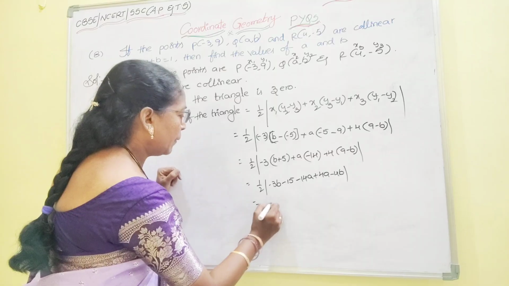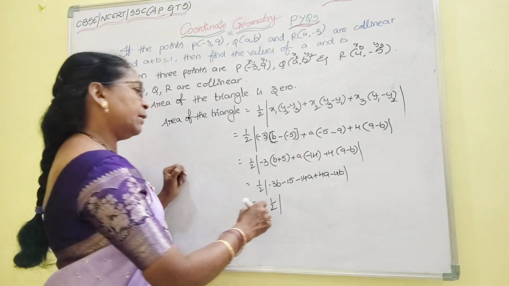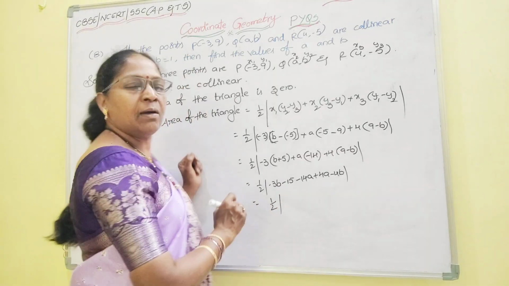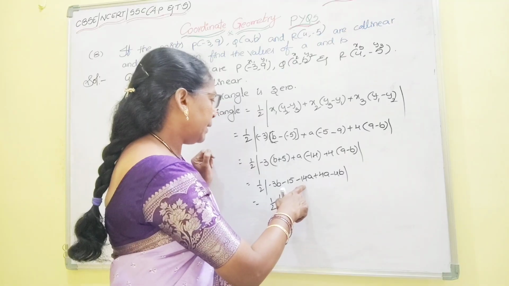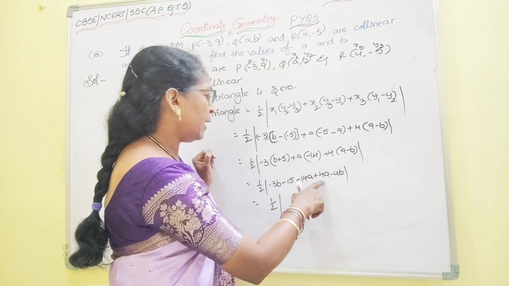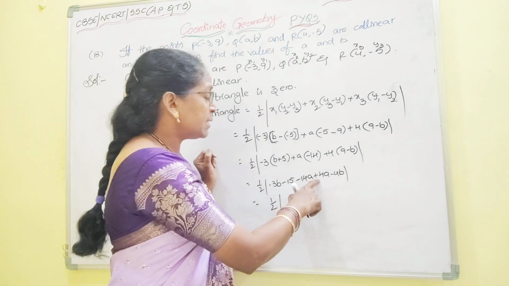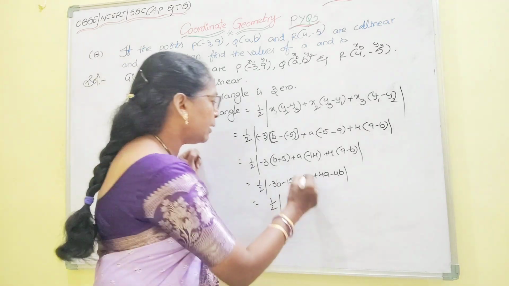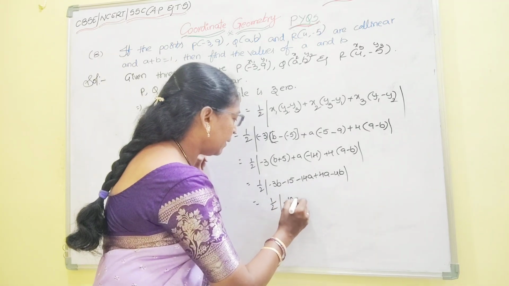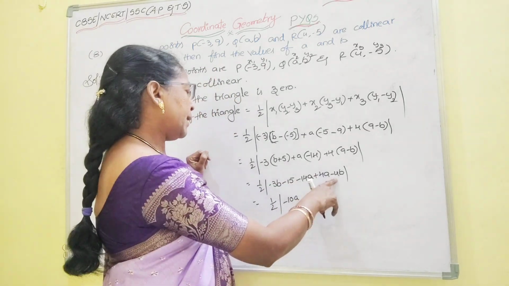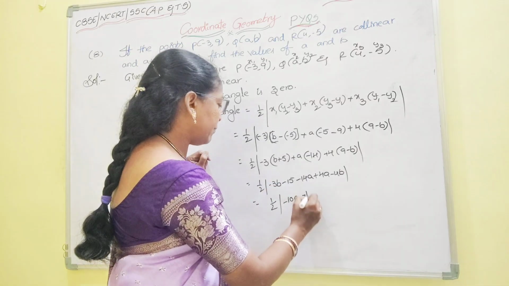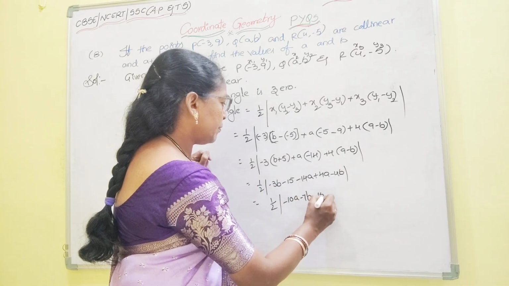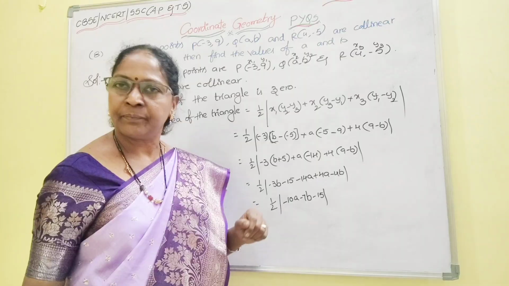Now inside the half modulus, write the a terms and b terms separately. Minus 14a plus 4a, one is minus, another is plus, so subtracting gives minus 10a. And minus 4b minus 3b is minus 7b, then plus 15, all divided by 2.